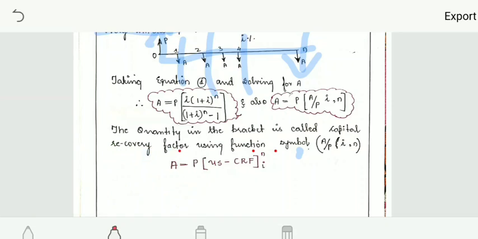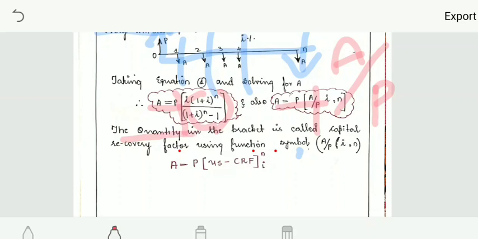Here you are able to see A is equal to the present worth P, and in the bracket the multiplying factor is I into 1 plus I raised to n divided by 1 plus I raised to n minus 1. Also A is equal to P into A by P. Why is it A by P? Because you are finding out the amount for the present investment that you are making, I comma n.